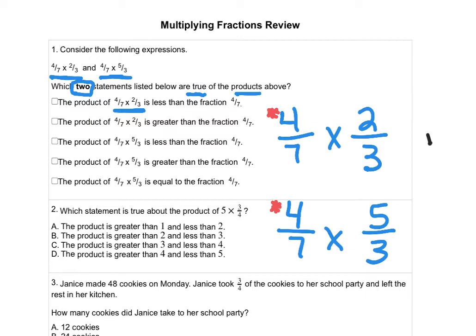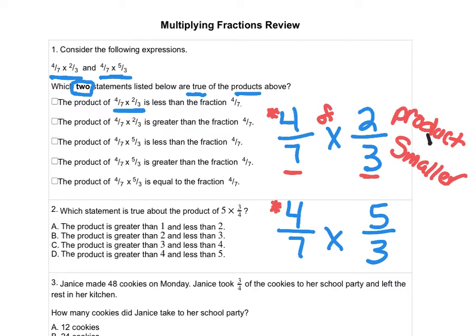In the first one we're multiplying 4/7 times a fraction. 2/3 is a fraction. So remember what I told you, if you're multiplying a fraction times a fraction, you're getting 4/7 of 2/3, and anytime you're multiplying a fraction times a fraction, your answer or your product is always going to be smaller.